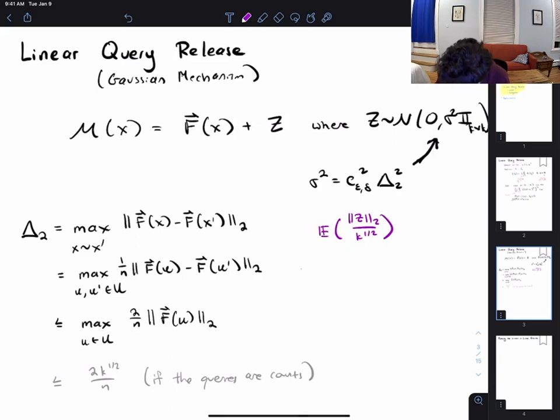That thing is at most c times epsilon delta times sigma, where the 2 norm depends on k to the 1/2, but dividing by k to the 1/2 gets rid of it. So basically this says that for every coordinate, the noise is about c of epsilon delta times sigma.